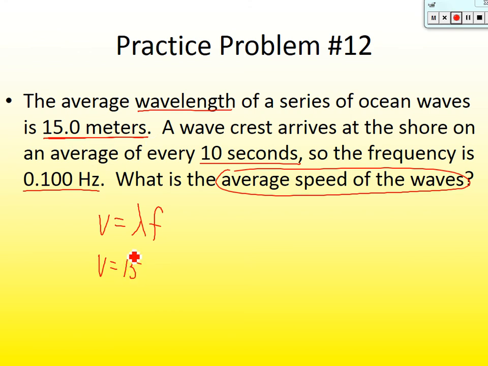So 15 goes in there. And what was the frequency? 0.1. Guys, so what was the speed of these waves? 1.5. Good. What's the units? Meters per second. That seems reasonable. Oh, maybe it's a little bit slow, but it's 1.5 meters per second. Okay. That's like a tsunami.